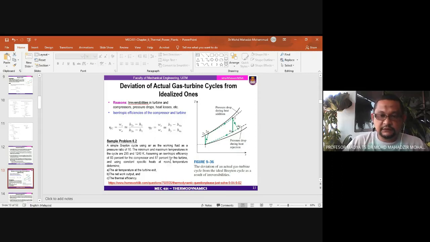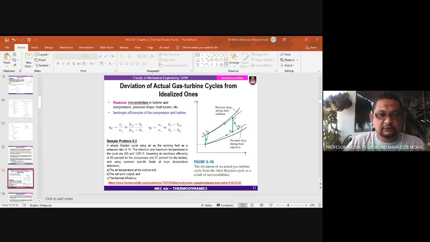Okay, to do this, let's go to the equation link here. This is the solution for this problem 6.2. Firstly, we draw the PV diagram and TS diagram for the actual and the ideal.